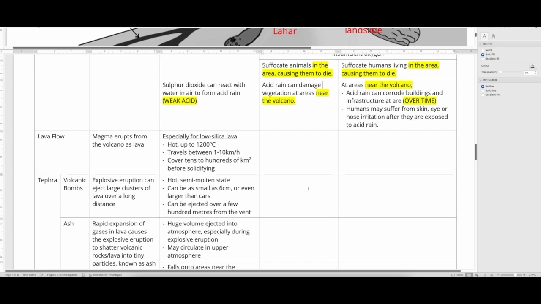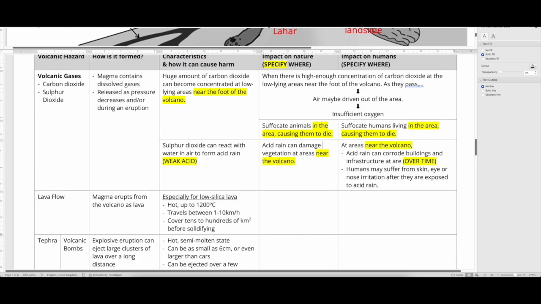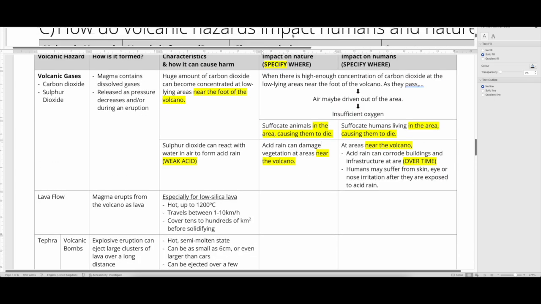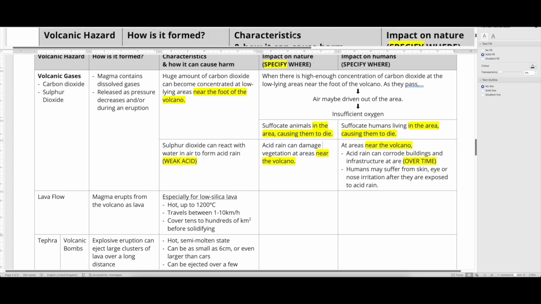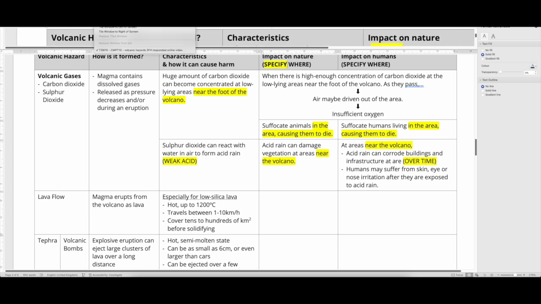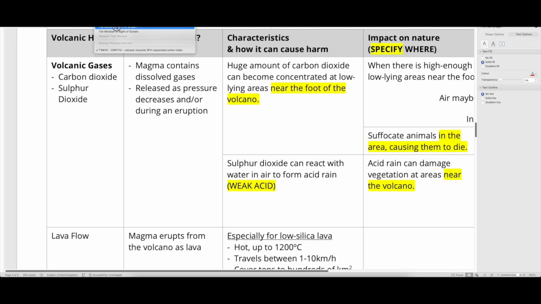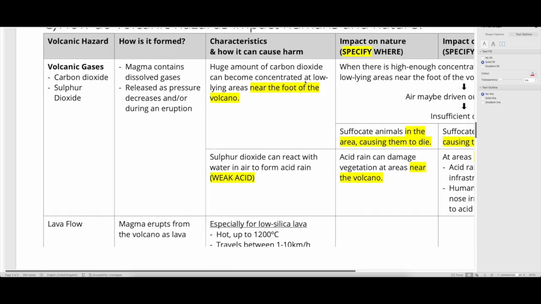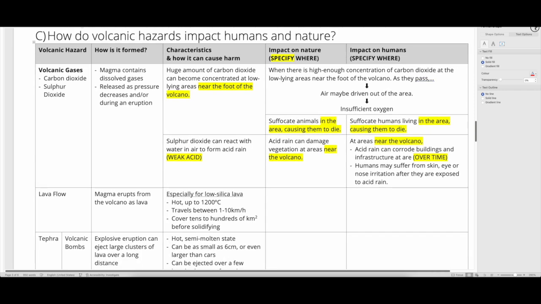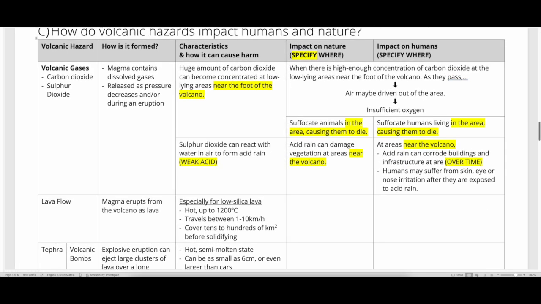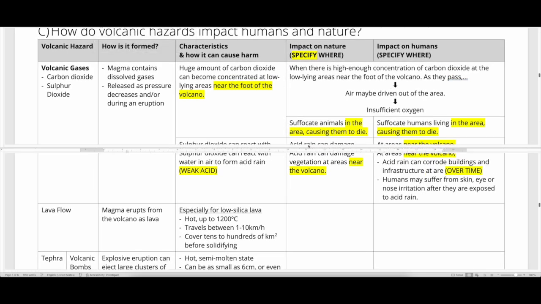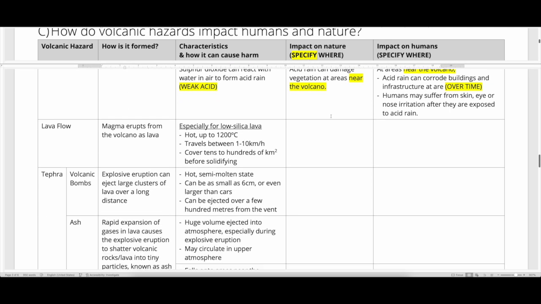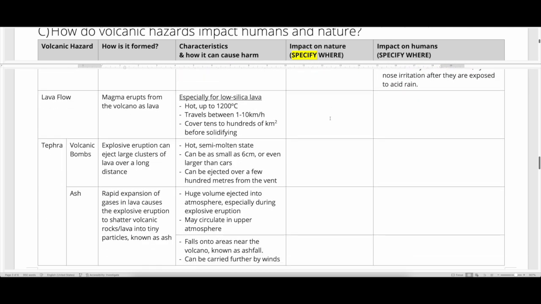So lava flow, very fast. Let me keep the header here so it's always there for you. So lava flow, what can it do?